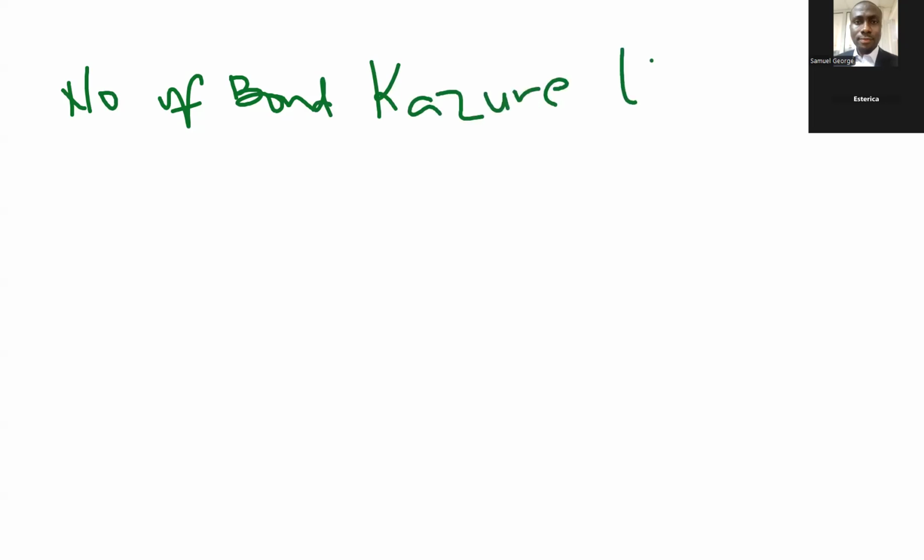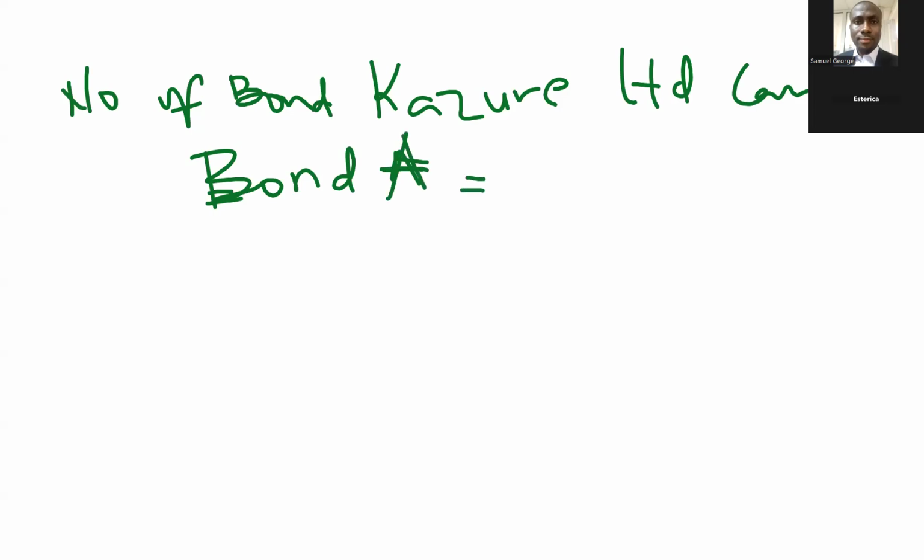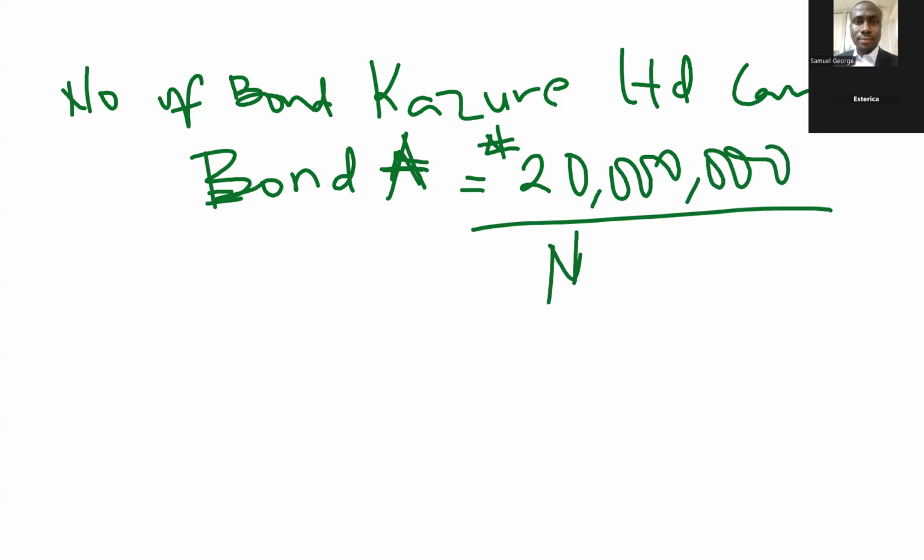The number of bonds Kazure Limited can buy in bond A: they have 20 million naira, and bond A is 1,054.